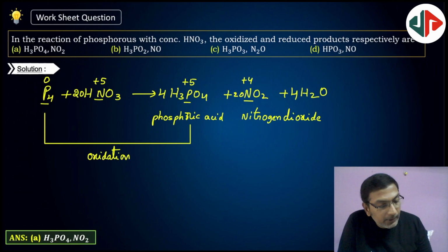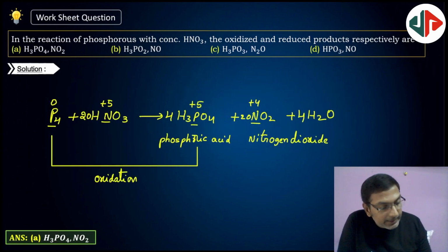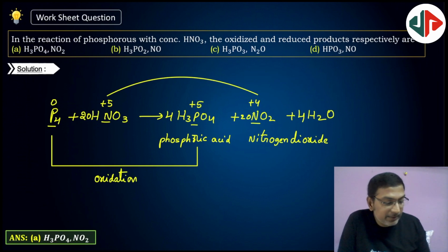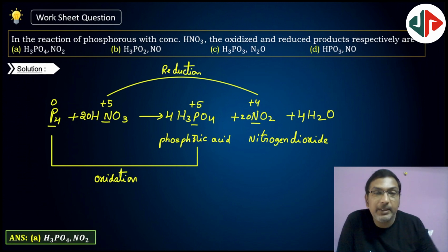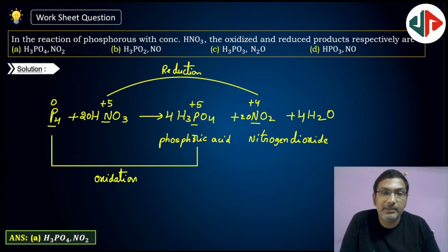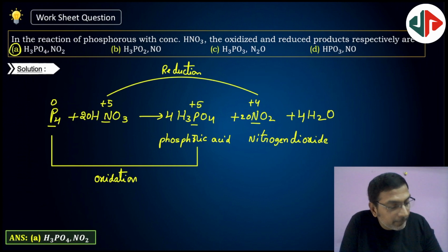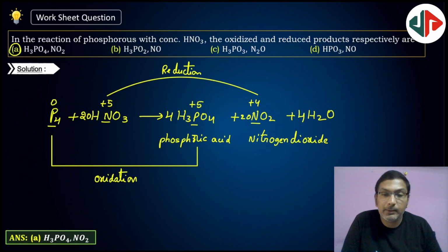Oxidation, and next HNO3 to NO2. So plus 5 to plus 4, decrease in oxidation state, which is reduction. So both are taking place in same reaction. Therefore, this is best example for redox reaction. So H3PO4 and NO2 will be formed. That is option A. Next.